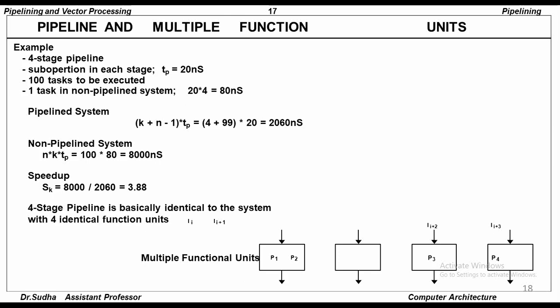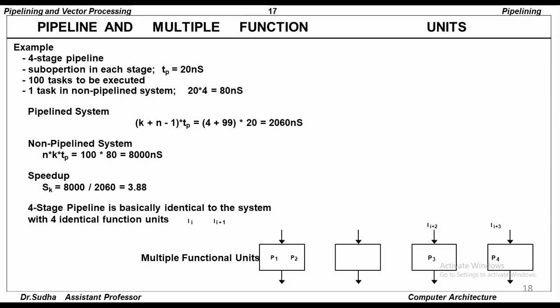Now we consider the same operations, with the time to complete each task, for the time required and the speed ratio. As the number of tasks increases, n becomes much larger than k-1, and k plus n-1 approaches the value of n. Under this condition, the speedup becomes S equal to tn divided by tp.